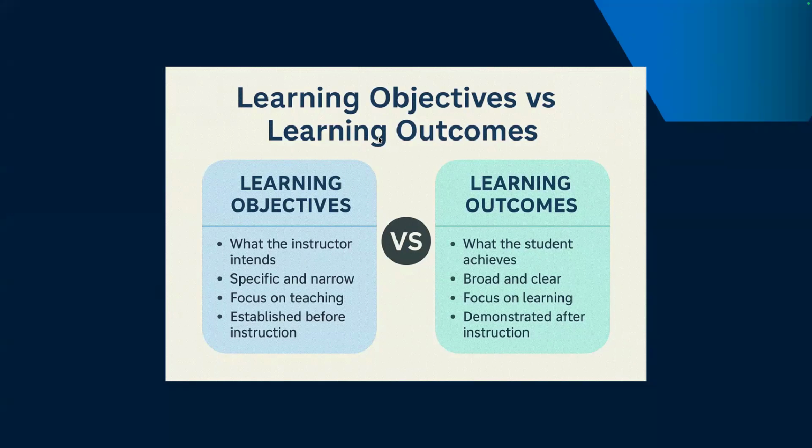While it is specific, it is still narrow. It focuses on the teacher itself, so it's teacher-centered. It's telling the teacher what they're supposed to do. But learning outcomes are what your students have to demonstrate. What would they achieve? It is also measurable.